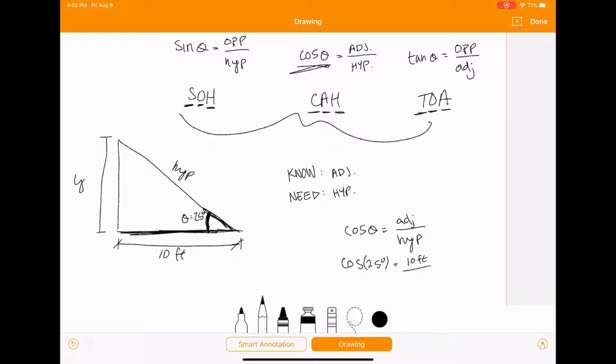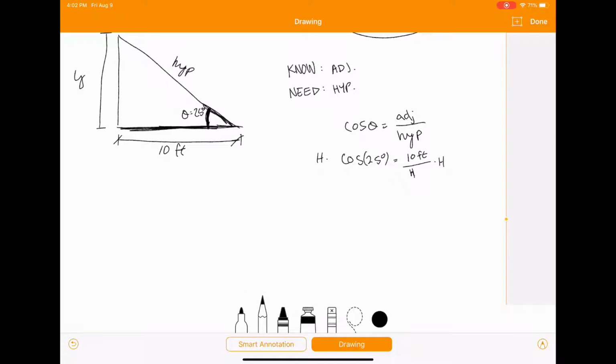So we're just going to go ahead and leave that as, we'll just use a capital H for hypotenuse. Now you just have a typical equation. So you're going to times both sides by h. So you have h cosine 25 degrees equals 10 feet. And then divide both sides by cosine of 25 degrees.